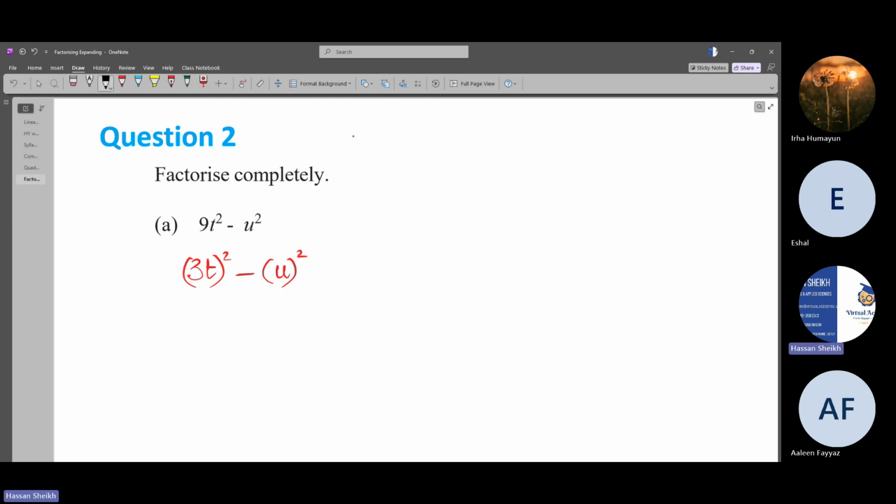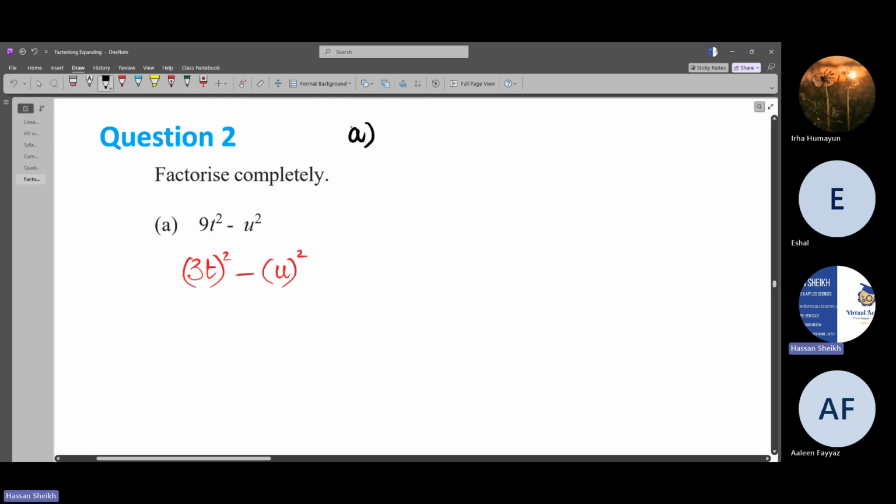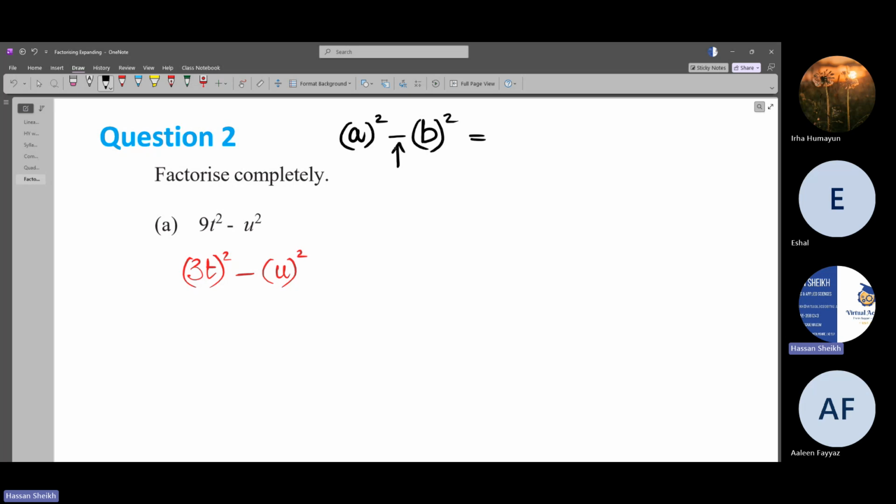You must memorize this formula before your exam on Sunday. The formula is this: if you have a difference of squares, do you agree that a negative sign, minus or subtraction, means the difference? Sum means to add, difference means to subtract, product means to multiply, quotient means to divide.